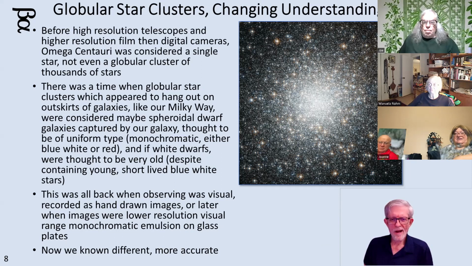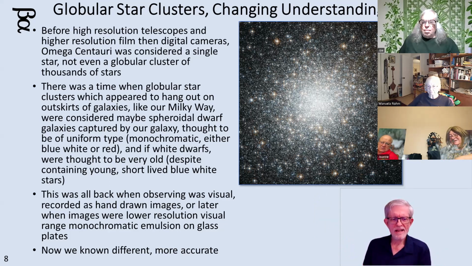I'm seeing reds and blues and lots of whites, but there's a lot more stars there. So we said, well, those aren't normal. These are oddballs. These are things that used to be entire small galaxies all to themselves, and gravitationally the Milky Way just captured it. It was flying along, and we just sucked it up and made it our own. That's why they hang out on the edge of our galaxy.